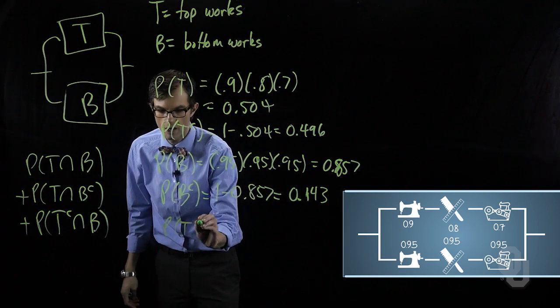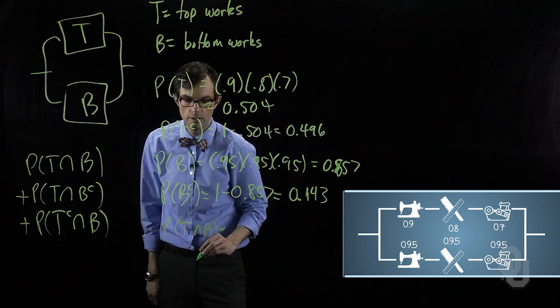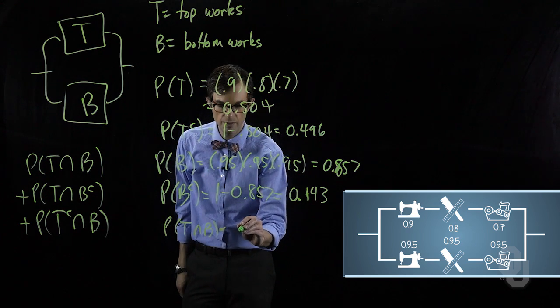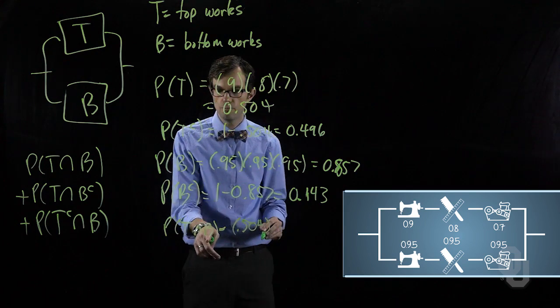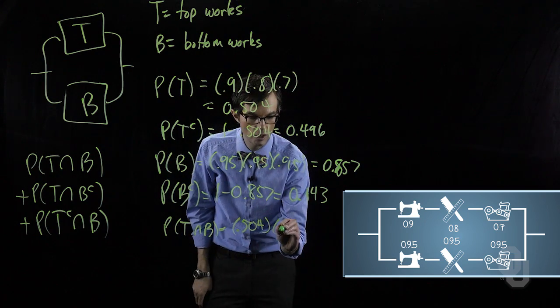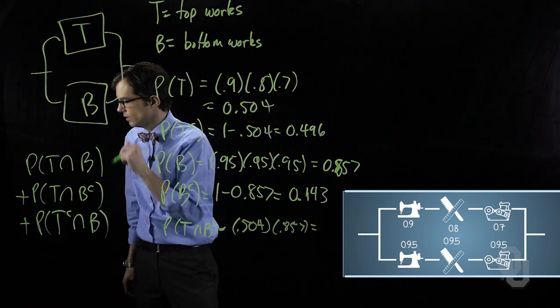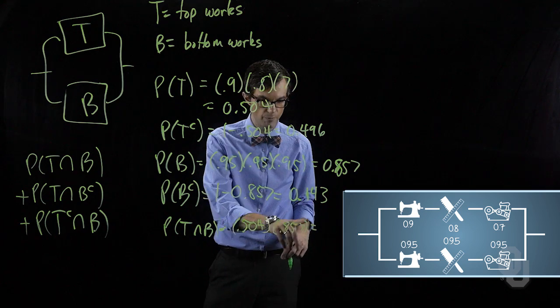The probability of top and bottom: let's assume these things work independently. That would be 0.504 times the probability of B, 0.857. And let's not calculate these intermediately.